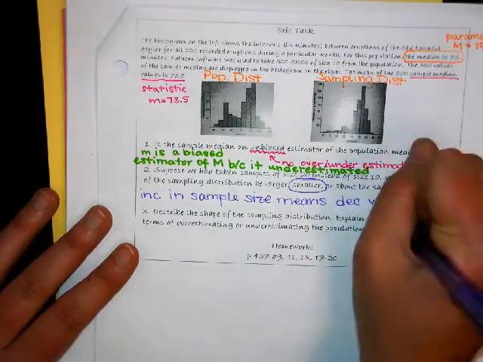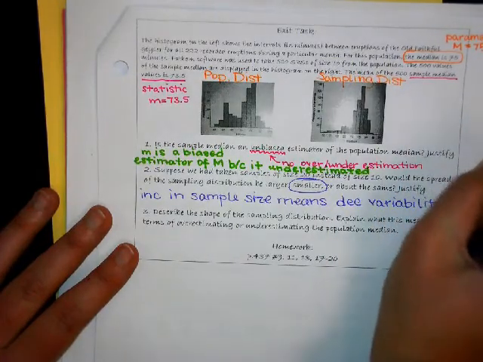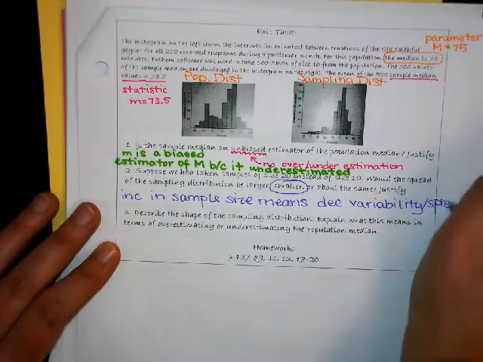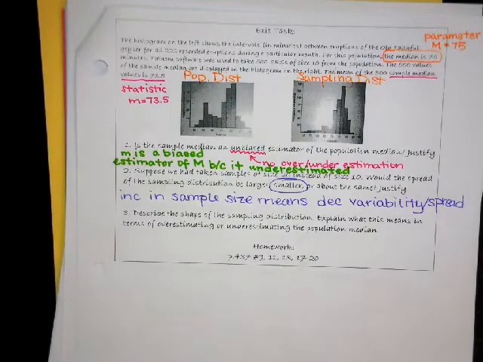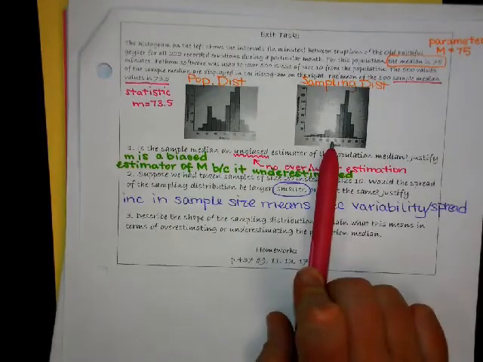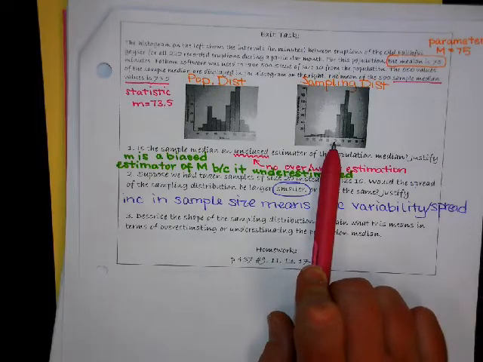And then the last one says, describe the shape of the sampling distribution. Explain what this means in terms of overestimating or underestimating the population median. So what shape does our sampling distribution have? The one on the right. Do we remember how to describe shape? We're just doing the first S. It's unimodal. It's skewed which way? To the left.